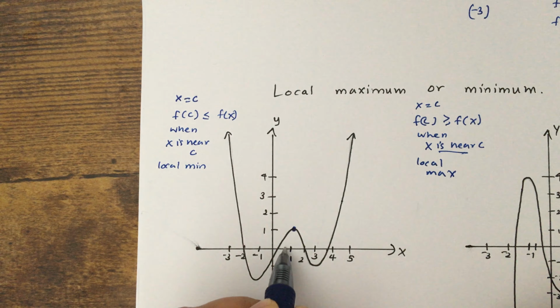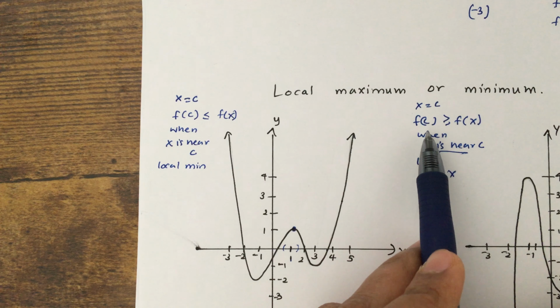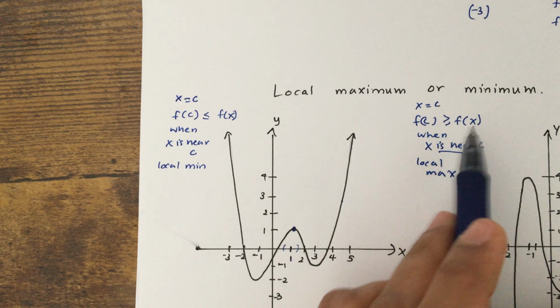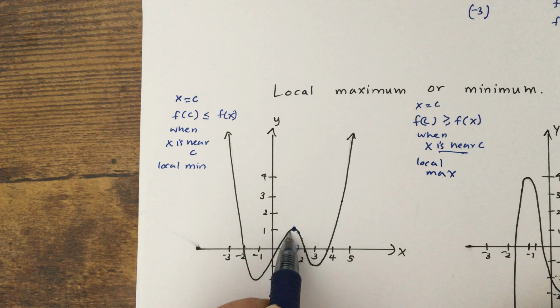If you consider a small area like this around x equals 1, then you can see that for all x in this area, if you consider this point, the y value is less than 1, right? The point over here, the y value is less than 1, right?